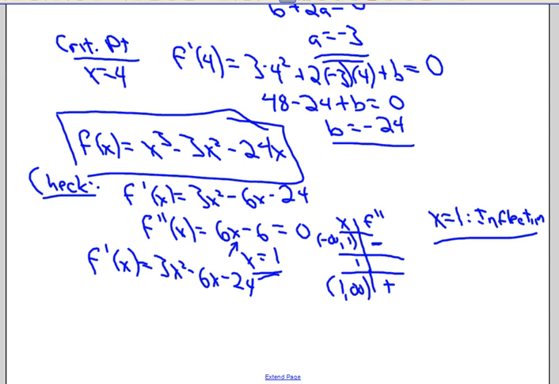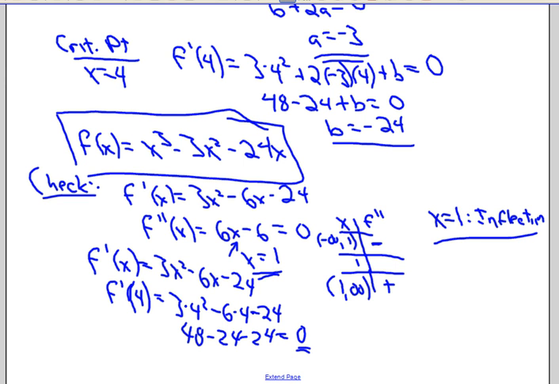I could factor this and find out my zeros, or I could just sub in the 4 and see if it truly does give me a 0. This is 3 times 4 squared minus 6 times 4 minus 24. And look at that. 48 minus 24 minus 24. That really is 0.